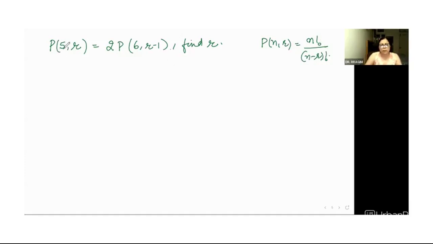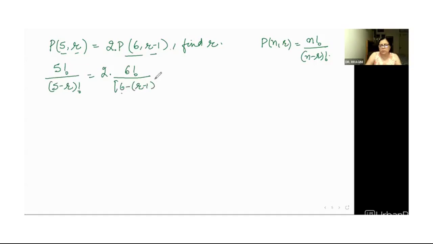Now let's see. I'm solving this question. This is 5 factorial upon 5 minus r factorial, right? This is equal to 2 times this nPr. So 2 times, this is 6 factorial, and here we have 6 minus, keep this in a bracket, (n minus r).